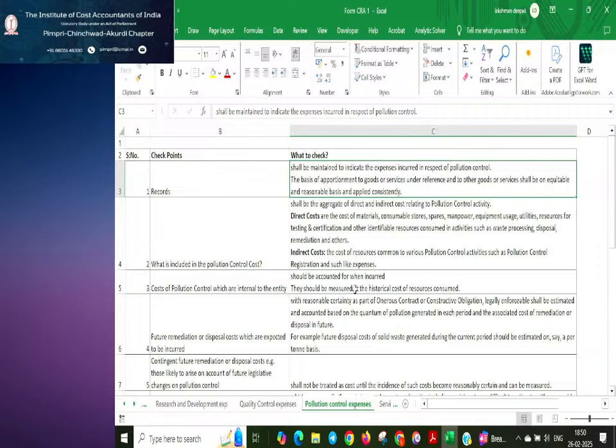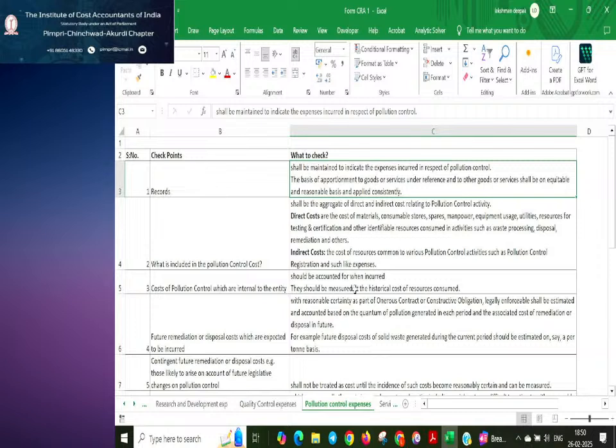So all the leather industries, whatever is the wastage from that industry, if it is just left out, I mean sourced out through the water bodies, what will happen? The water bodies will be polluted. That is why we have pollution control expenses as part of costing.